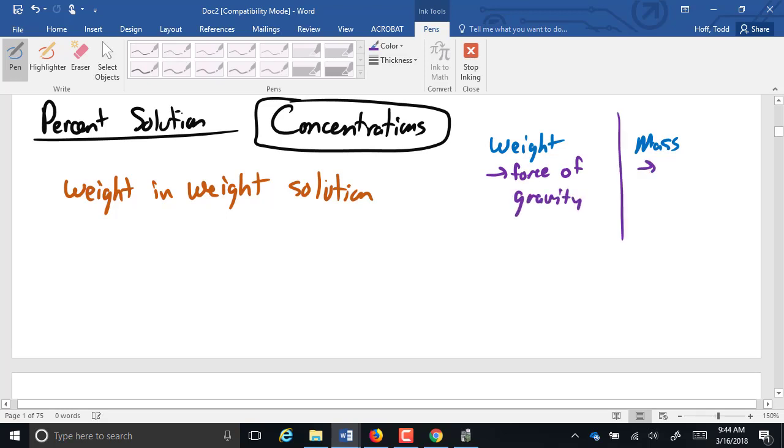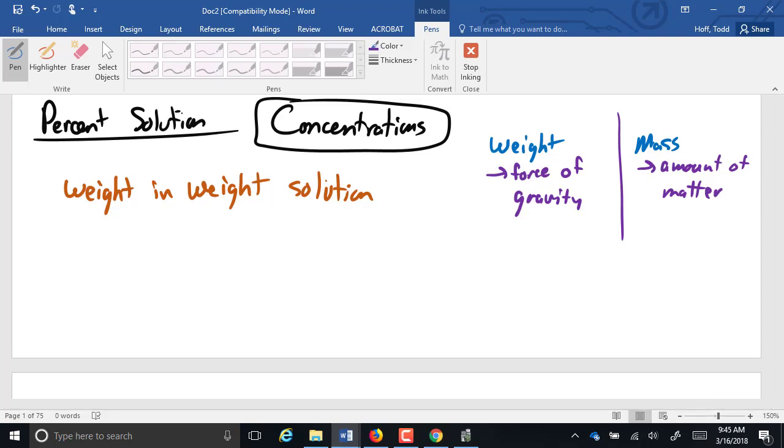Mass is the amount of matter in the object. In other words, literally how many particles are in that object, how much stuff is in that object. Now they seem like they mean pretty much the same thing. Something with more matter in it, something with more mass, is going to weigh more, and that's true. The difference is how they're measured.